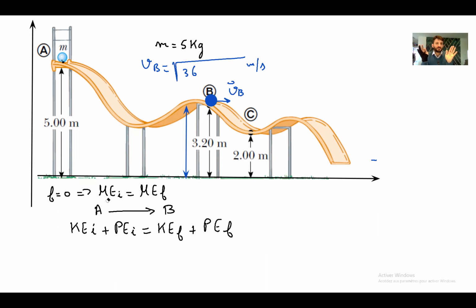We can take between this position and this position and solve the problem, or you can take the system between this position and this position, initial and final, as we like. Let's take the system initially between A and C.